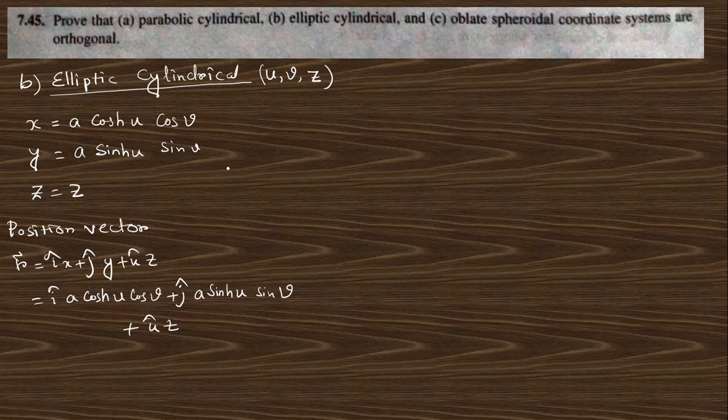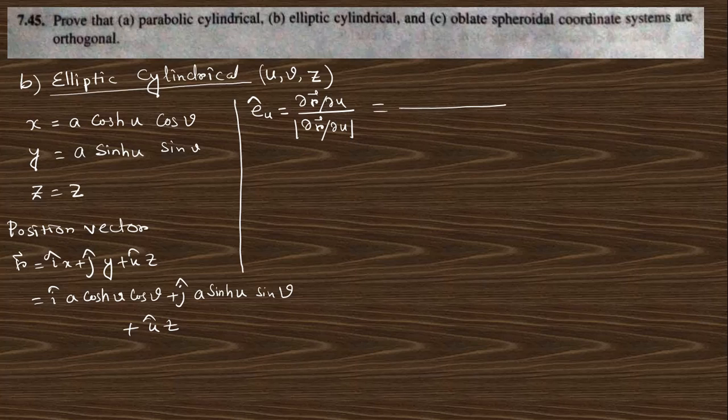So this is the position vector. Now we need to find out the unit vector along the u curve. This is del r by del u, divided by the modulus of del r by del u.